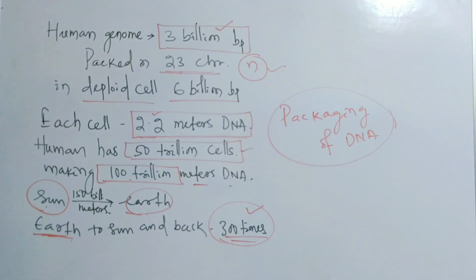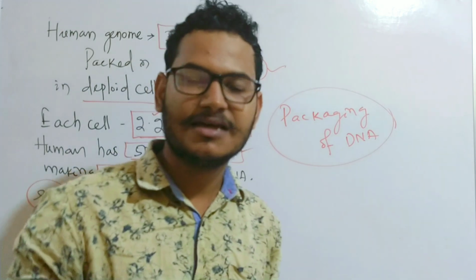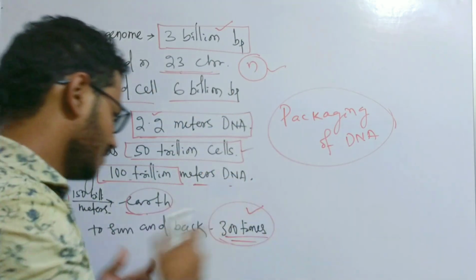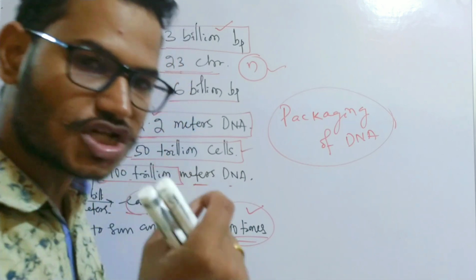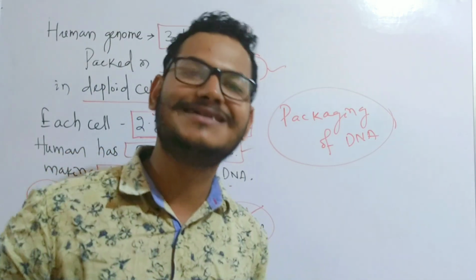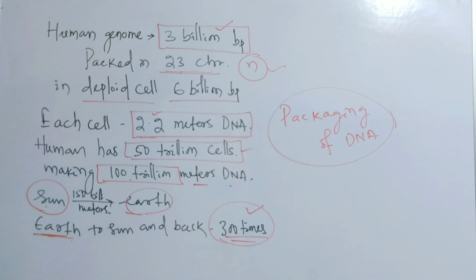Clear? It can go to the Sun and come back 300 times. So much long DNA is present in our body.